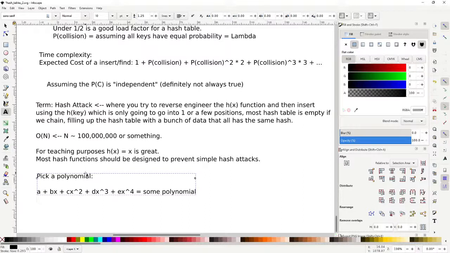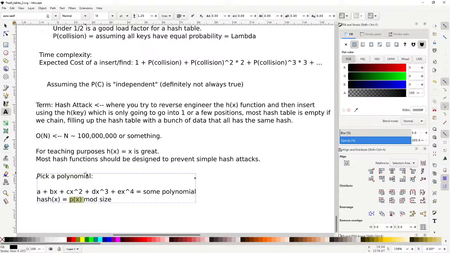What you can always do is say, okay, the hashed value of x is just equal to that polynomial of x mod the size of the table. The one thing you can't really control is this mod size of the table. You always need this mod size of the table.